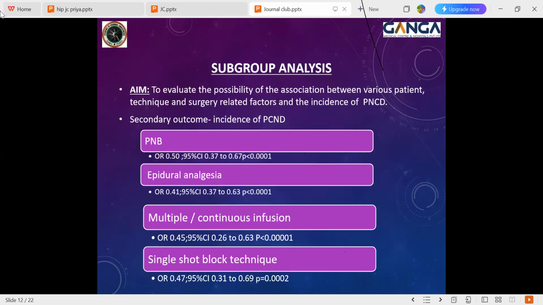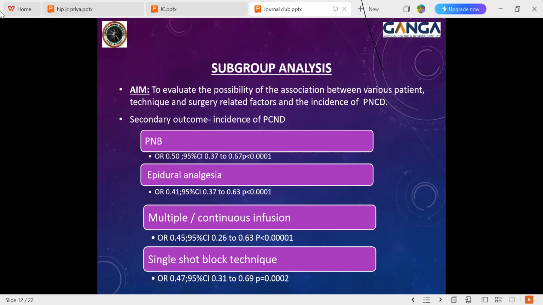The meta-analysis also did a subgroup analysis. The aim was to evaluate the possible association between various patient, technique, and surgery-related factors and the incidence of post-operative cognitive dysfunction.